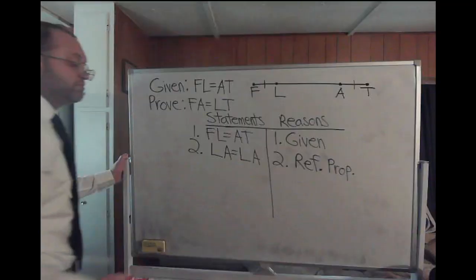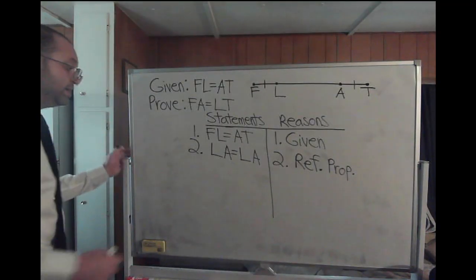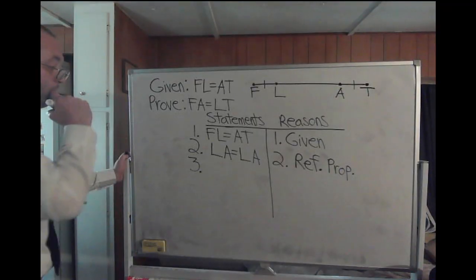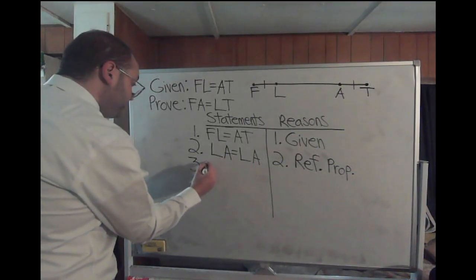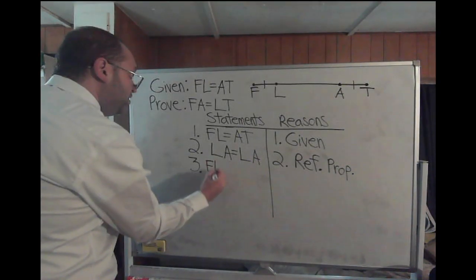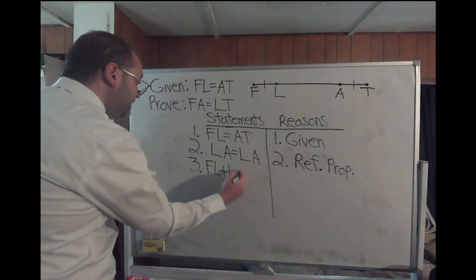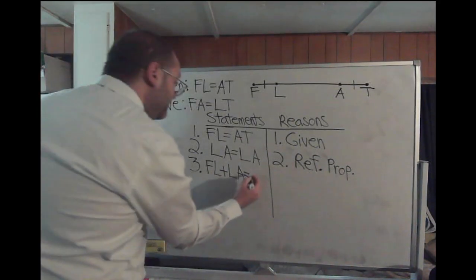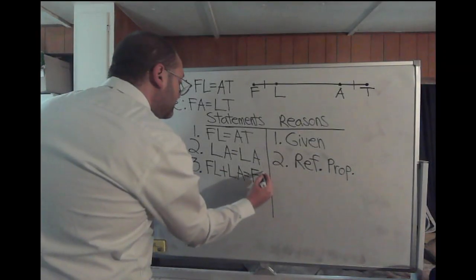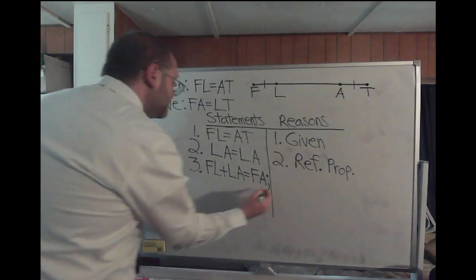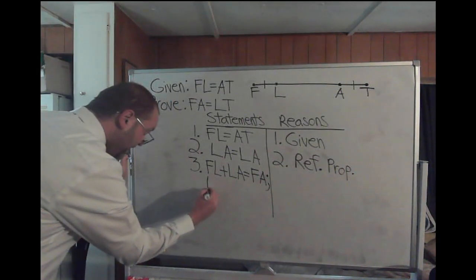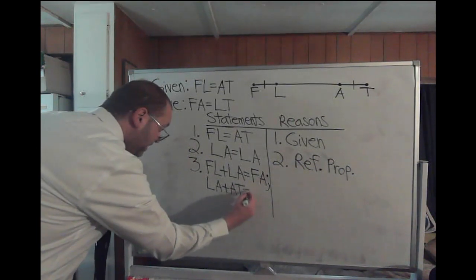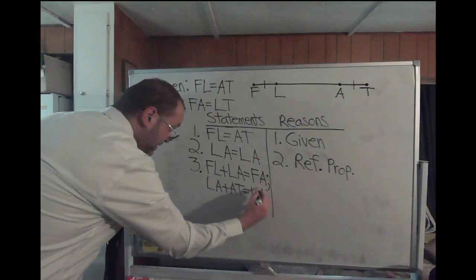That's the reflexive property for step 2. Now step 3 is we're going to have FL plus LA equals FA. And then in the same step, you can also say LA plus AT equals LT.